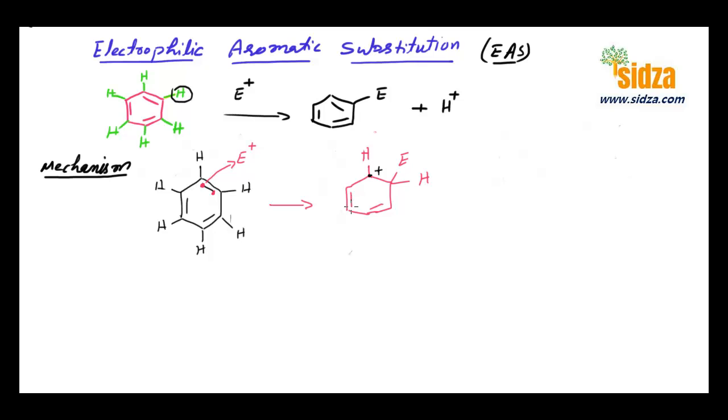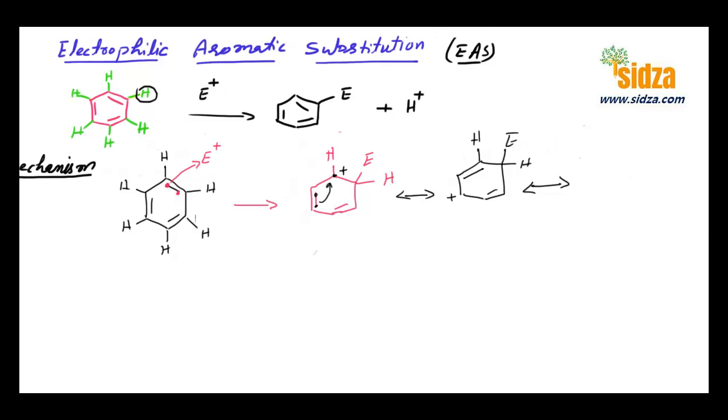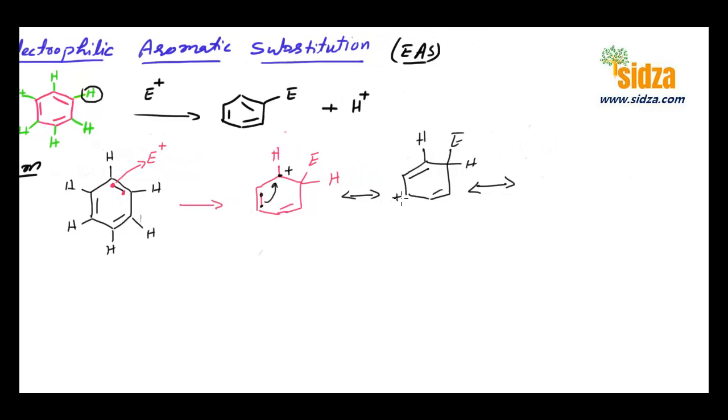We have a double bond over here, there is an electron pair over here, and it can shift in this direction, and you can get one more resonating structure for this particular carbocation. You have a double bond over here, a positive charge over here, a double bond here, we have an electrophile and a hydrogen over here, and a hydrogen here also. Again you can draw one more resonating structure, where this carbocation undergoes resonance.